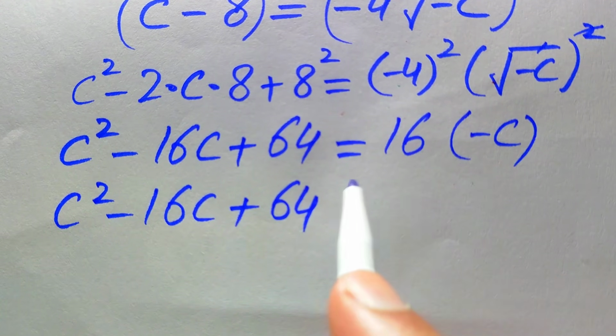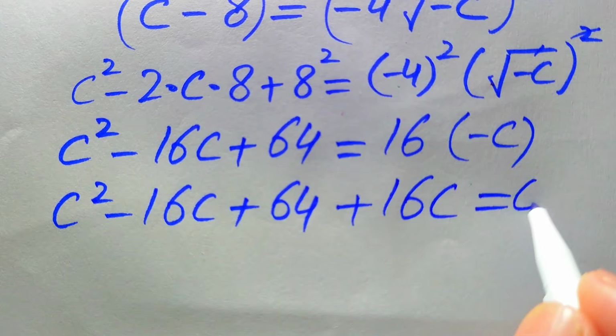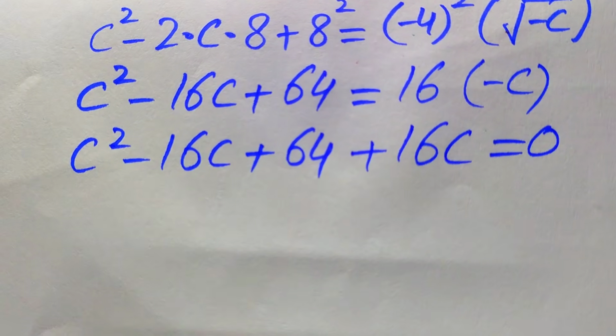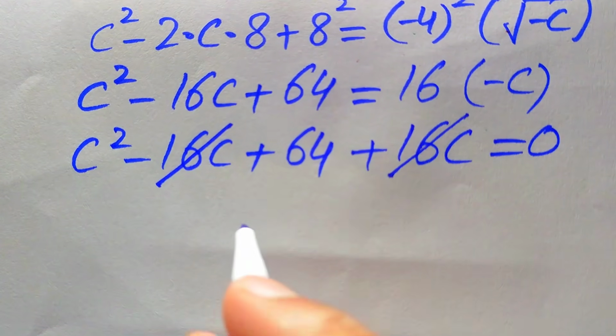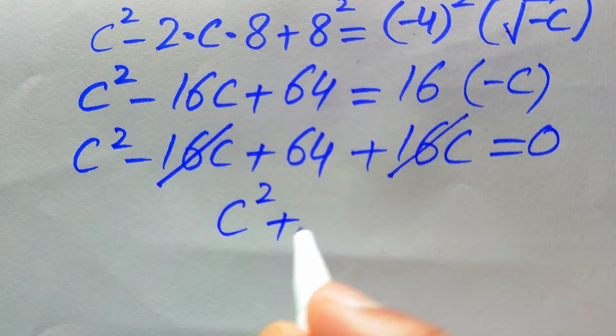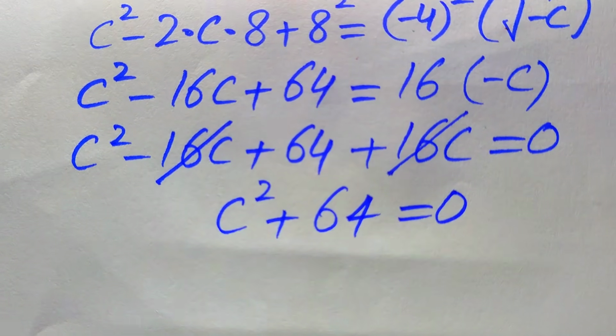We move this term to the left hand side, and we get plus 16c, and this whole equation is equal to 0. Now this plus 16c and minus 16c cancel out by each other, and we get c square plus 64 is equal to 0.